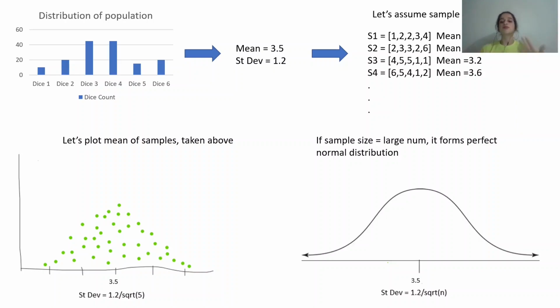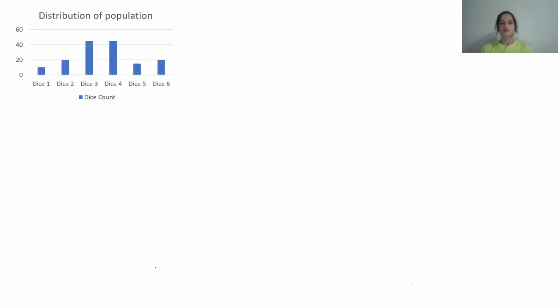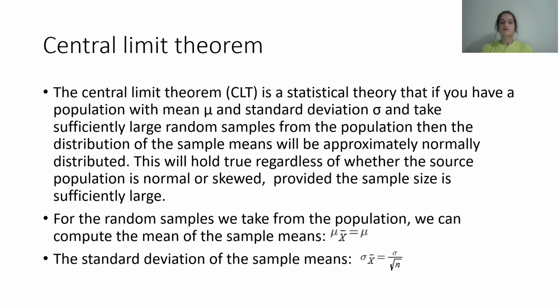Again, let's repeat it. Going to the previous slide, the central limit theorem says it is a statistical theory that if you have a population of mean mu, in this example a population mean of 3.5 and standard deviation of 1.2, and take sufficiently large amounts of samples, here 5000 samples, then the distribution of sample means will be approximately normally distributed.